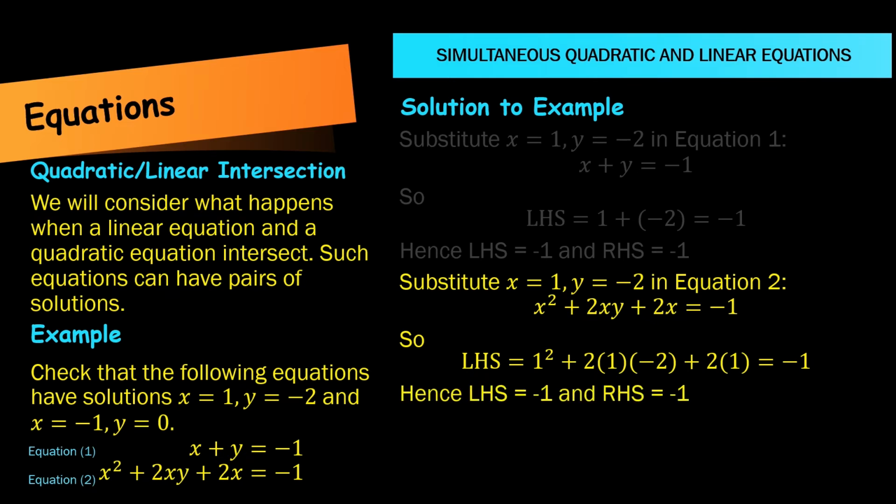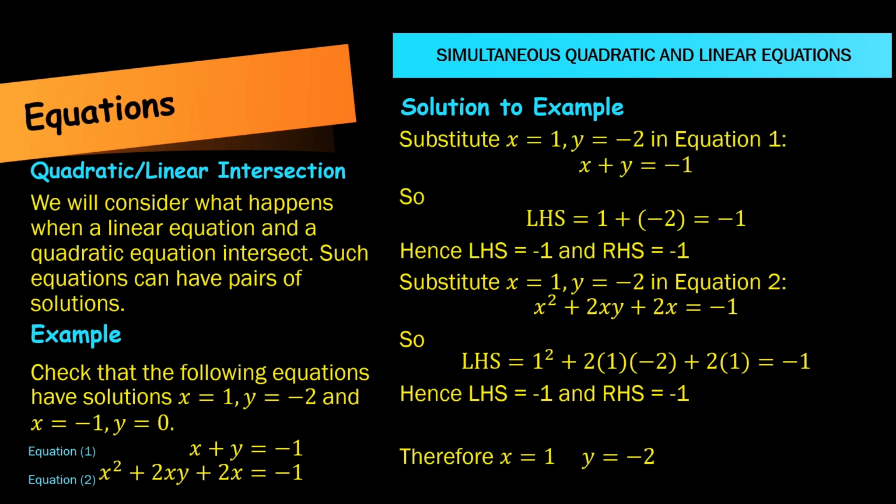Therefore, the left-hand side equals minus 1 and the right-hand side equals minus 1 in equation 2, as shown. Therefore, x equals 1 and y equals minus 2 is a solution of both pairs of equations.